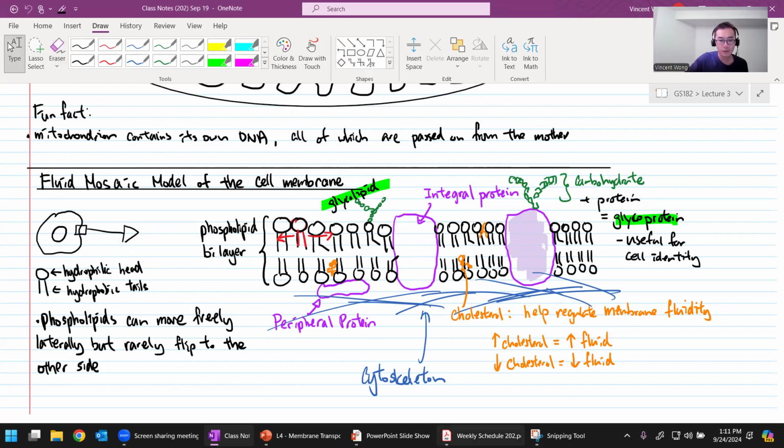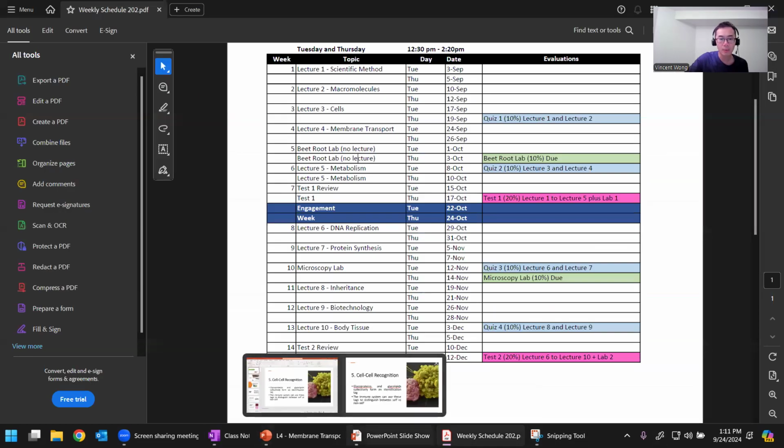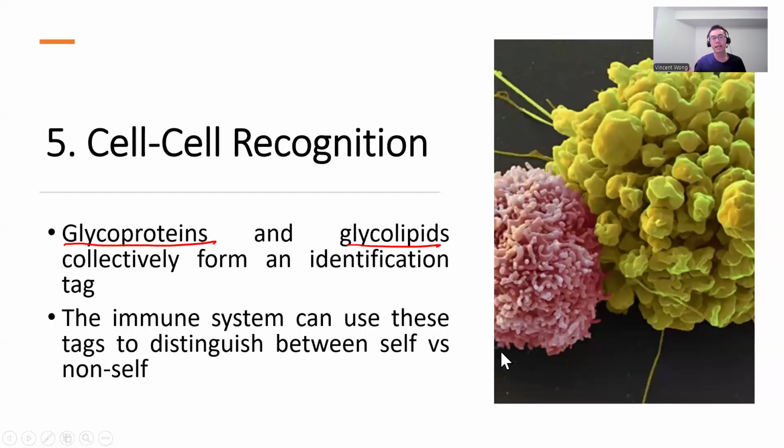So collectively, these glycoproteins and glycolipids, they are important for forming an ID tag. Okay? And the ID tag allows your body to distinguish what belongs to the body, self, and what does not, non-self.